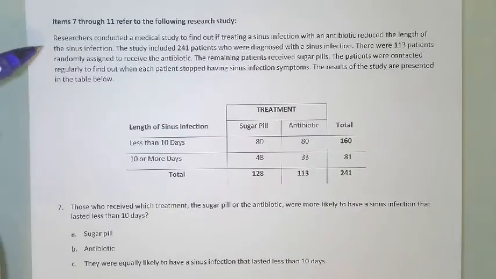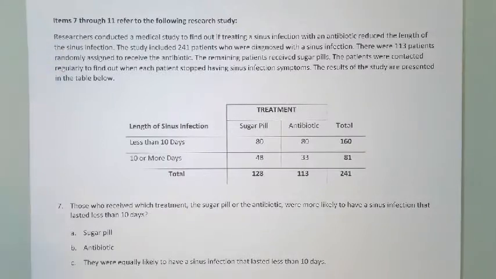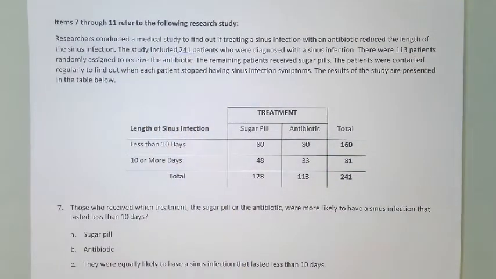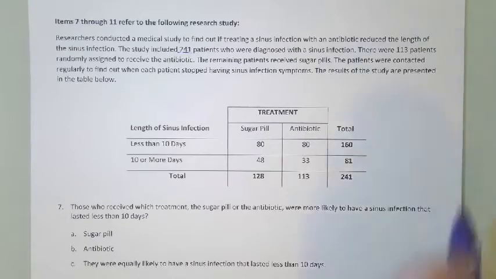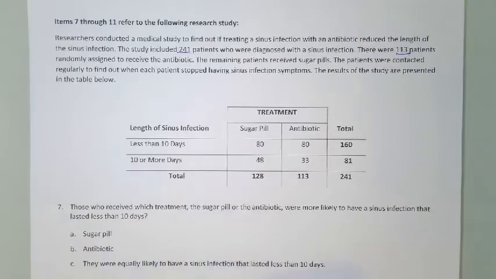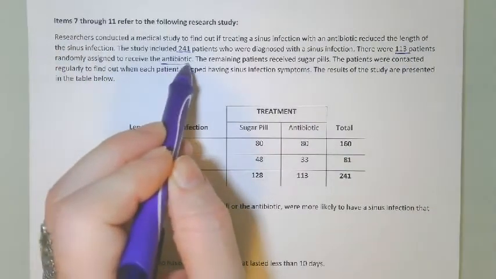It says researchers conducted a medical study to find out if treating a sinus infection with an antibiotic reduced the length of the sinus infection. The study included 241 patients who were diagnosed with a sinus infection. There were 113 patients randomly assigned to receive the antibiotic.